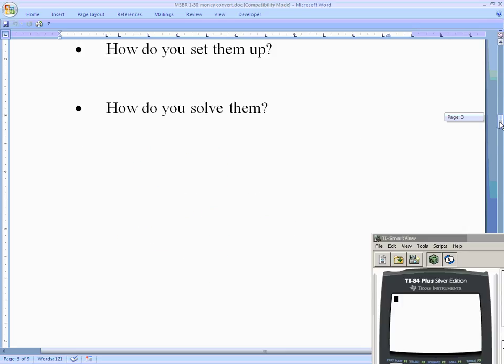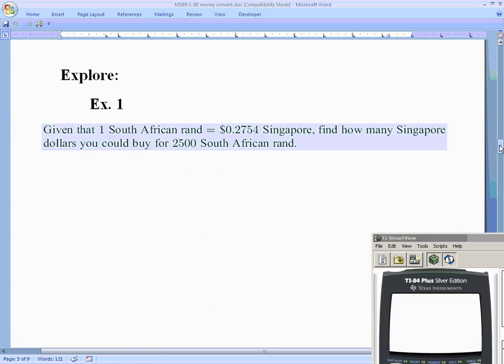Well, let's bring that into currency now. This problem, given that 1 South African rand equals 0.2754 Singapore dollars, find out how many Singapore dollars you could buy for 2,500 South African rand. So not knowing much about African currency or even Singapore currency from Singapore, they sort of just tell us what it's called.